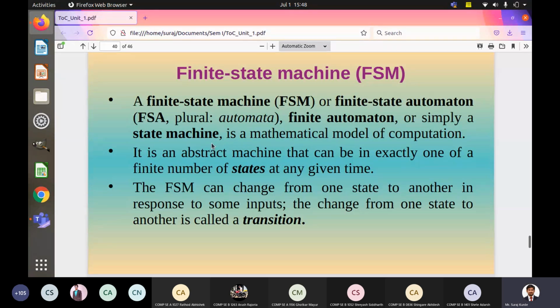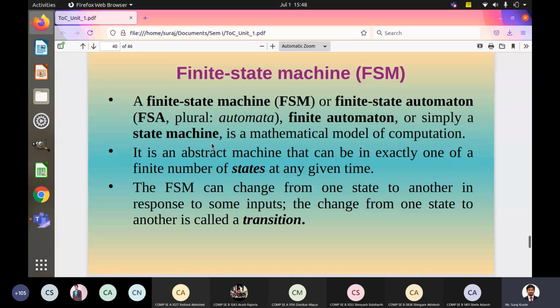It may be state 1, 2, 3, 4, any state, but at any time during the execution of the finite state machine or automaton, it will be in only one state. It cannot be in 2 different states at the same instance of time.